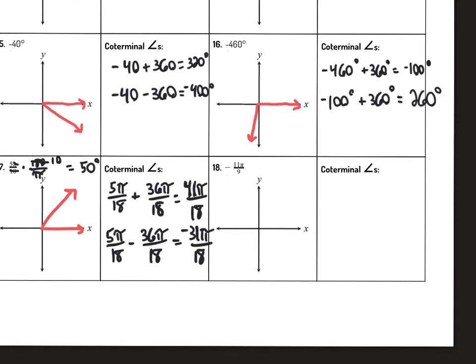Okay, coterminal angles of negative 11 pi over 9. So let's draw it first. So I'm going to multiply that by 180 over pi. The pi's cancel. The 9 and the 180 cancel. That becomes a 1. That becomes a 20.